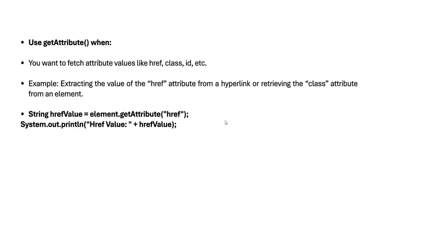At that time you can use getAttribute. This is how you can use it: String href equals element, whatever element you have, dot getAttribute, and the attribute you are looking for. So it is href, and then you can print the value. This is simple, correct? So this is the major difference between getText and getAttribute.